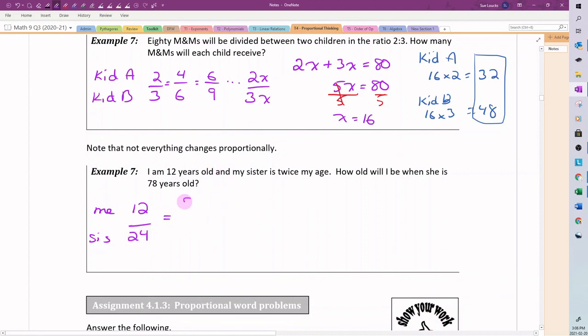And I'm wondering how old will I be when she's 78? If I solve that, let's make that an A instead of a question mark for age, equals 12 times 78 divided by 24, which is 36.